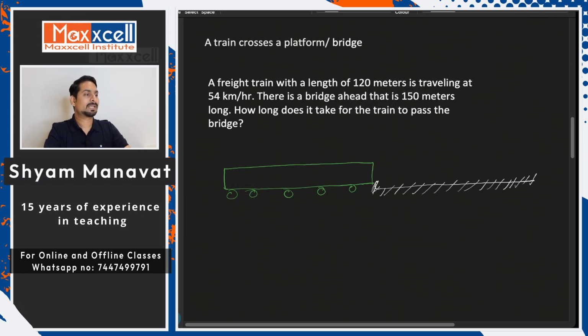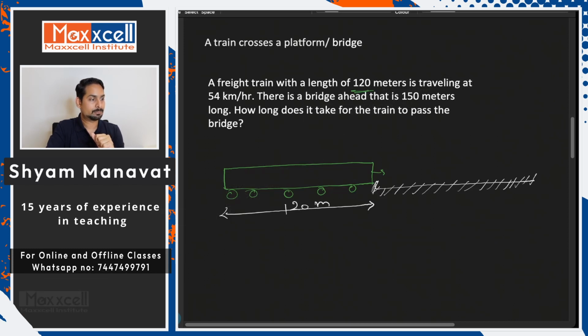In which case will we say that this train has completely crossed this bridge or platform? Let's see this example and understand. A freight train with a length of 120 meters, from this point to this point, travels at 54 kilometers per hour.